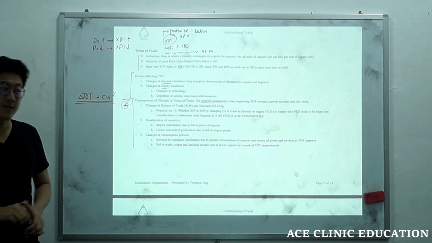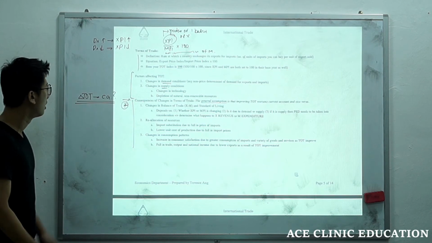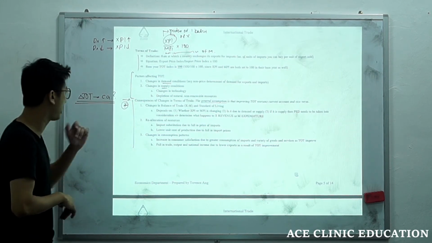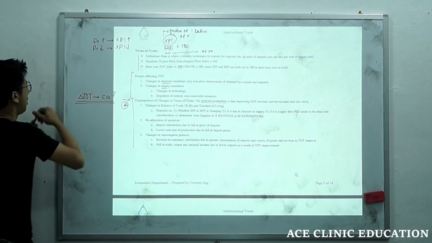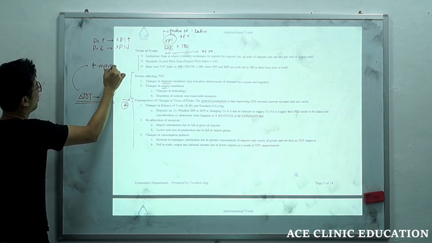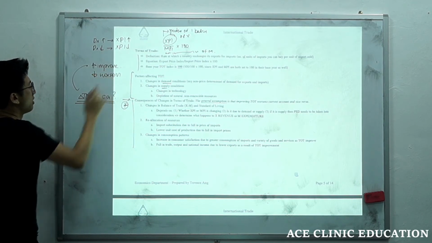Okay? When TOT changes, how does it affect the current account? Before that, terminology. When your TOT is rising, we call it improve. When your TOT is falling, we call it worsen.